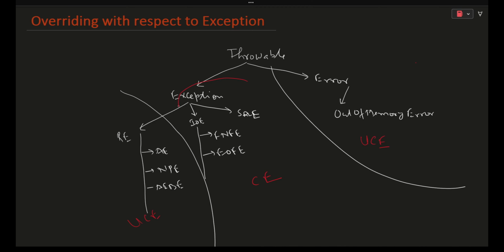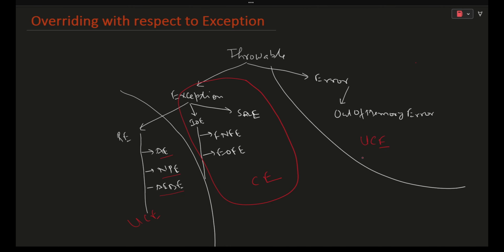So this complete area is the checked exception and the rest is the unchecked exception. So it means ArithmeticException is unchecked, NullPointerException unchecked, ArrayIndexOutOfBoundsException unchecked, any Error that comes is unchecked. Correct? Is this concept clear?